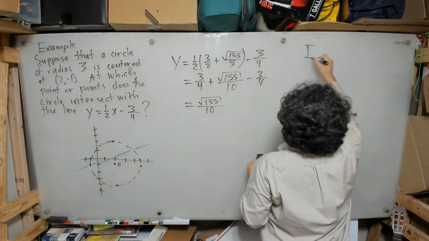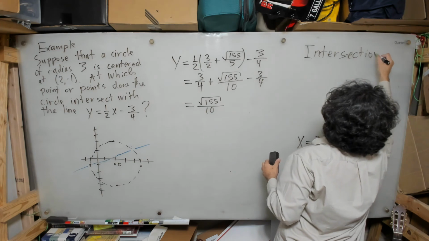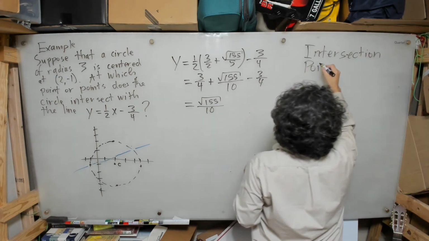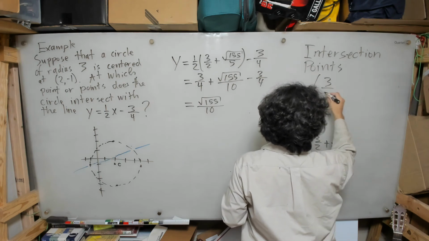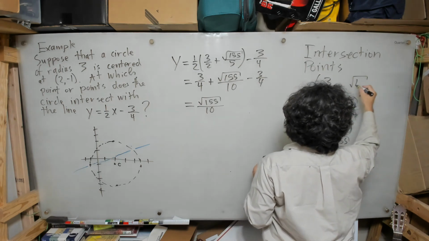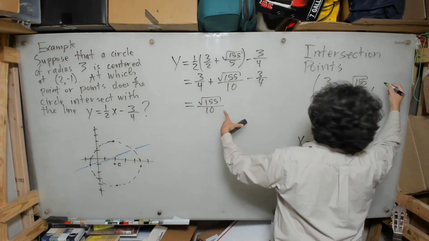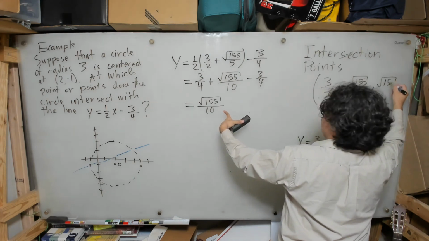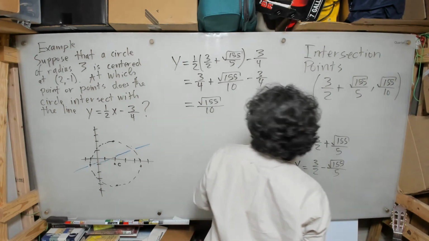So my intersection point: my x is 3 over 2 plus the square root of 155 over 5, comma, and then the y coordinate we got there was the square root of 155 over 10.